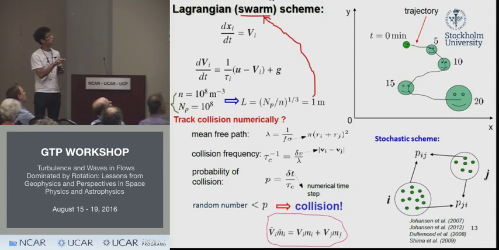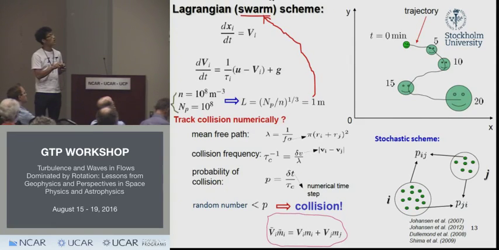But if we want to track particles with a number of 10 to 8, and a number density of also 10 to 8, then the maximum computational domain we can reach is about 1 meter. But in the clouds, the integral length scale is about 100 meters. So it's far away from the real atmosphere.